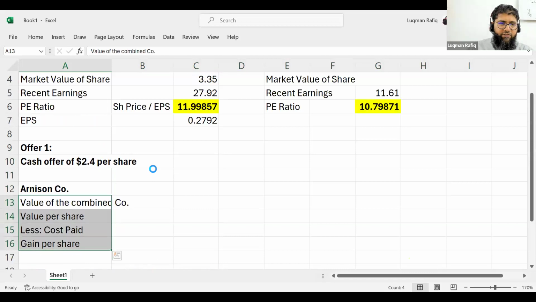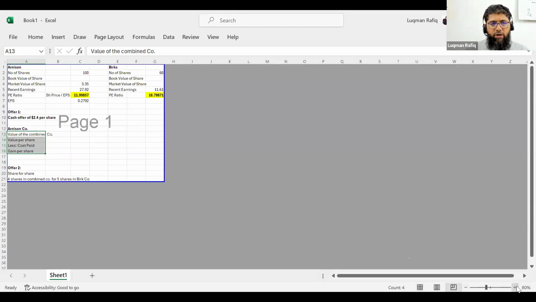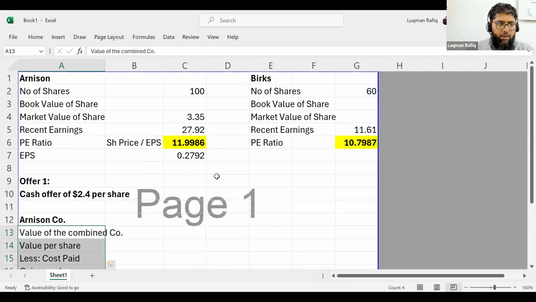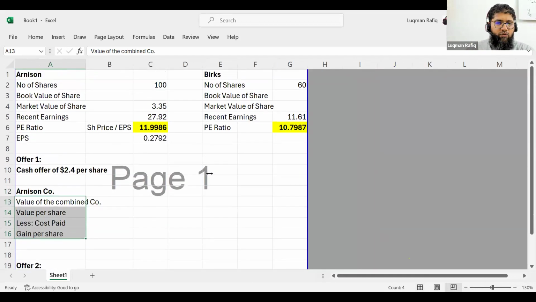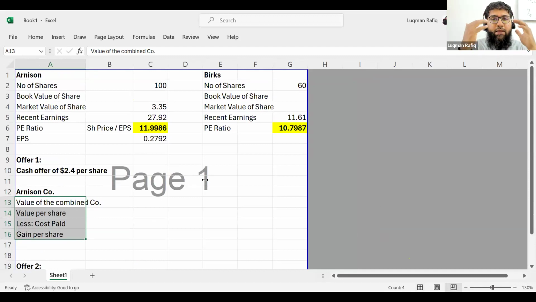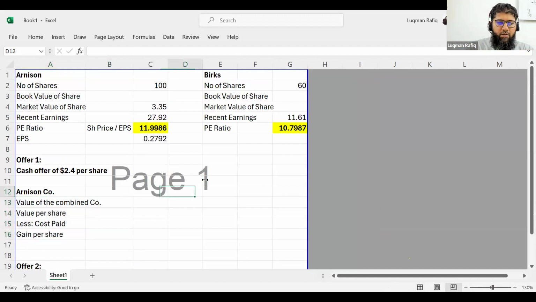First of all, you need to understand a few things. What is actually going on is that we are acquiring this company, and in order to acquire it, we need to realize what the situation is going to be. If I talk about the Burks company shareholder, the cash received is 2.4.